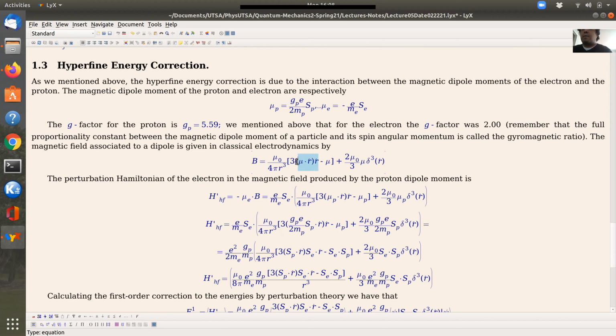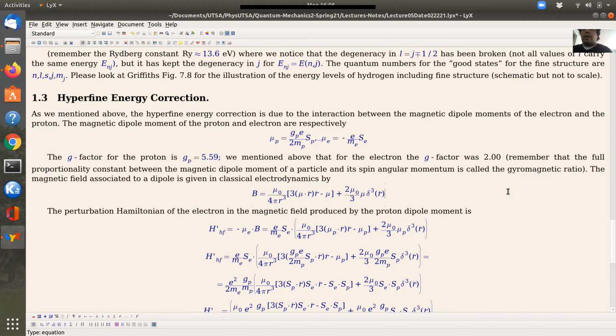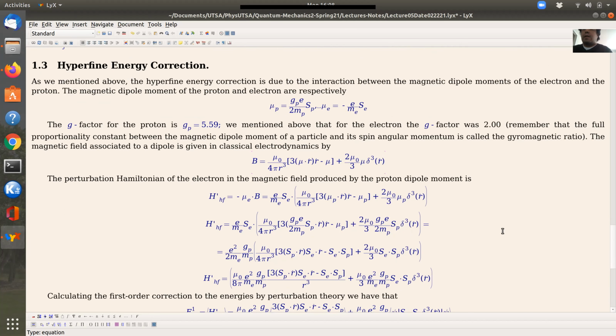So that's the r component taken out of mu with a factor of 3 over here. And then you have a Dirac delta in this case. So that's something to consider. Well, we know that the interactions of this type, related to magnetic fields generated by these dipoles, which in this case is a spin, are given by minus mu times B.